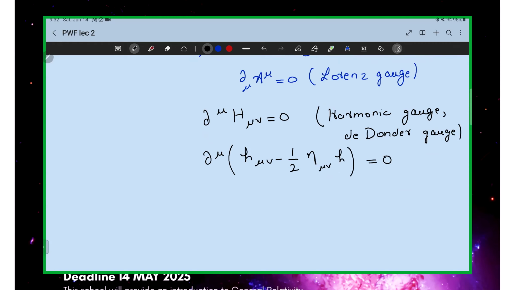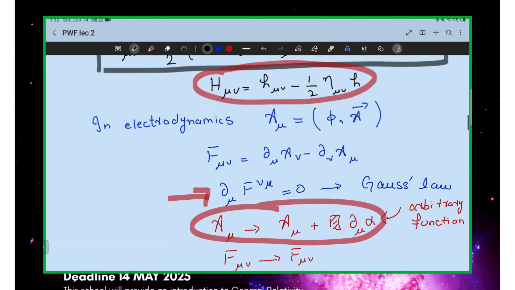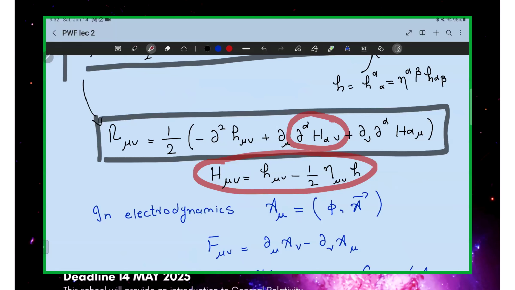If you choose this gauge condition, then you can see that in the expression for the Ricci tensor that I wrote earlier, this particular combination is appearing here and here, right? It means that both of these terms should be zero if you choose the harmonic gauge, which means that the Ricci tensor in this particular gauge condition is only the first term. Okay, so let me just write it down.